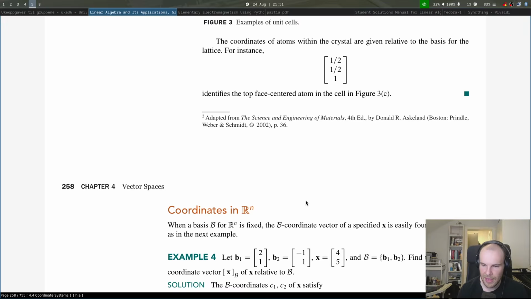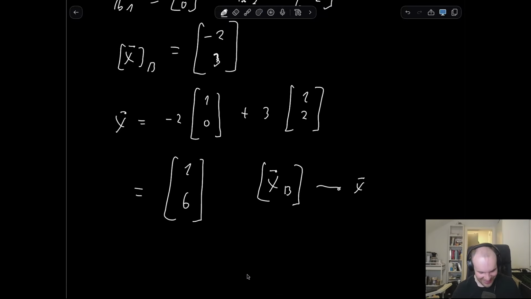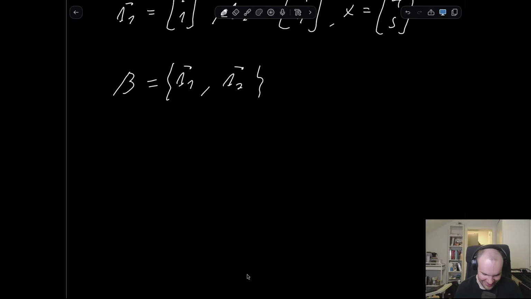And now the basis B is then B1 and of course B2, right? And now we want to find the coordinate vector [X]_B of X relative to B. That was what I was thinking about. I was thinking so hard because it was just all wrong. Now this of course makes sense. Earlier it didn't make sense at all.